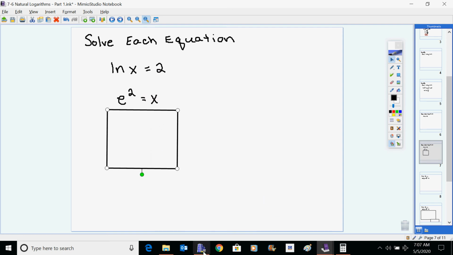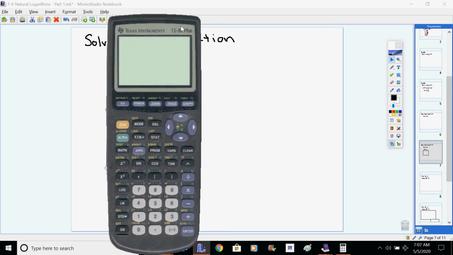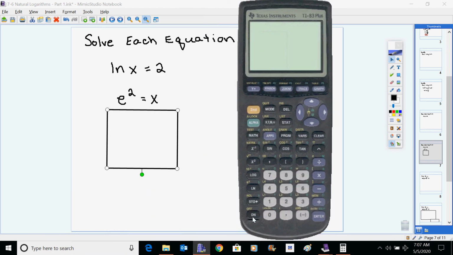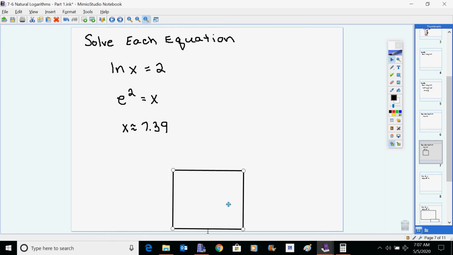Now e to the second power, you can do that in either calculator to solve it. So we'll take a look at this calculator. We would take e and the second power, and you get 7.389, or about 7.389.